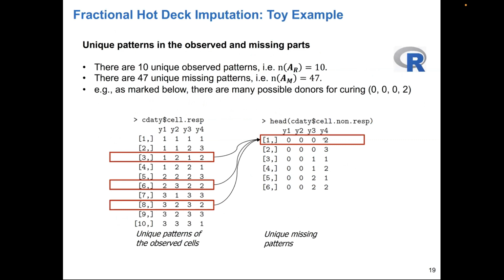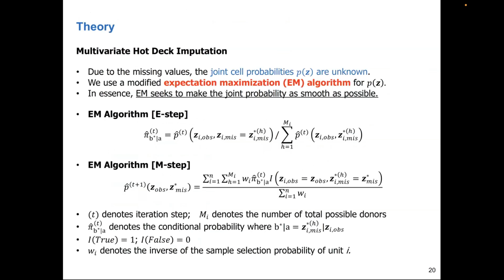So this is the example. To cure this first row, the only known information is on variable 4. Then we compare all the variable 4 values, and these 3 will be the donors to cure this one. Of course, these 3 cases have different weights, depending on how close they are to this missing pattern. The question is, how can we get the weights nicely?